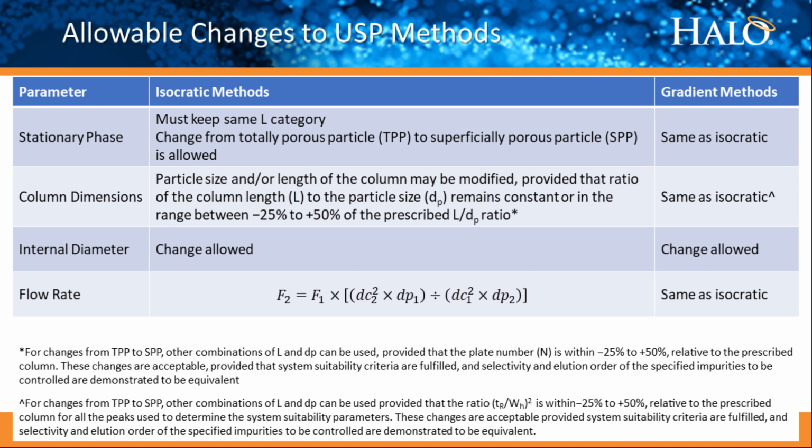And then for gradient methods, you can be minus 25 to plus 50% of the retention time to the peak width at half height squared relative to the prescribed column. There are changes allowed to the internal diameter for both types of methods, and the flow rate has to be scaled according to the column diameter and particle size.